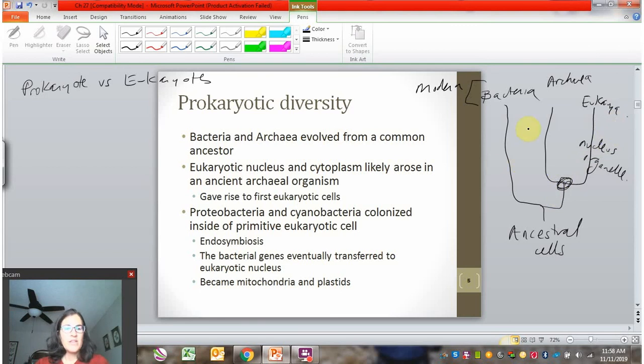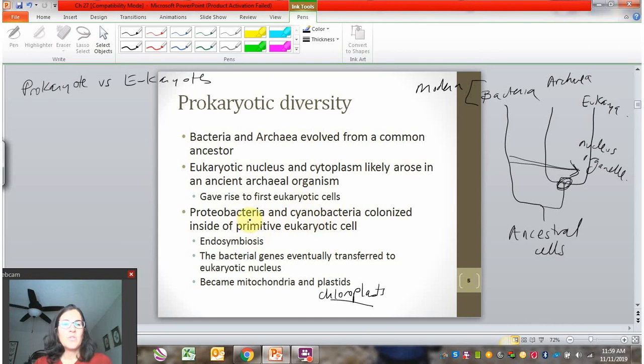So another interesting thing about the eukaryotic lineage and how it relates to prokaryotes. Even though eukaryotes derive from an archaeal ancestor, there's actually an evolutionary relationship of bacteria to eukarya, and this has to do with the semi-autonomous organelles, the mitochondria and the plastids, and we could say more specifically chloroplasts, though it applies to some of the other plastids as well.